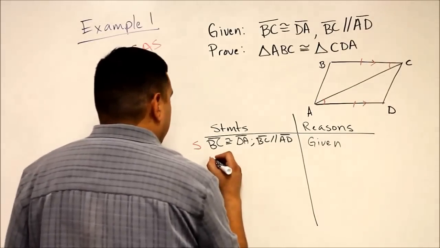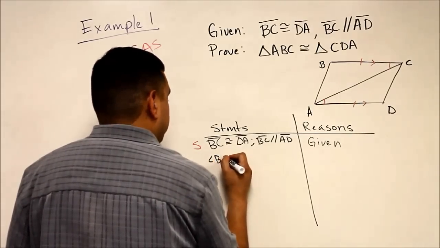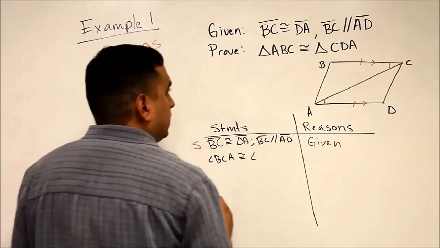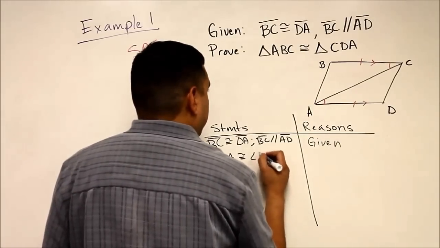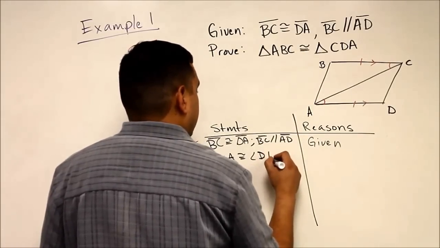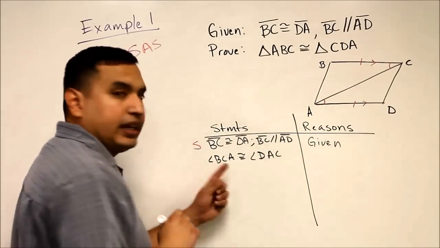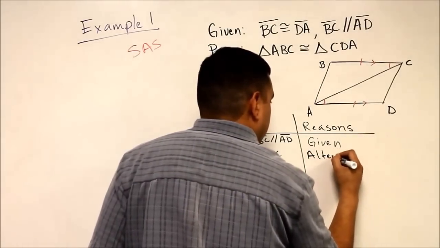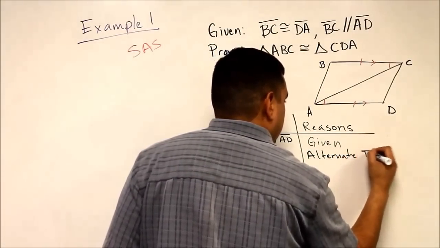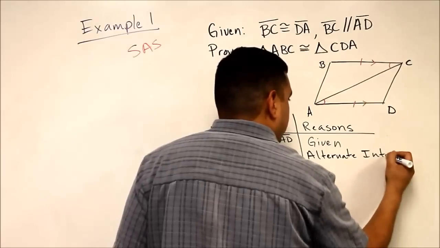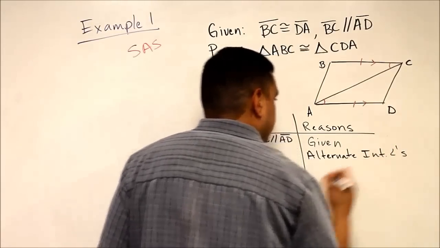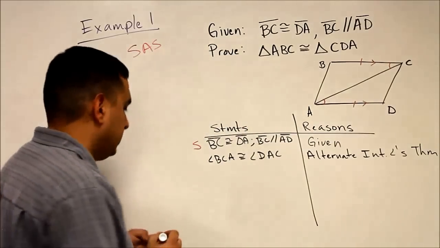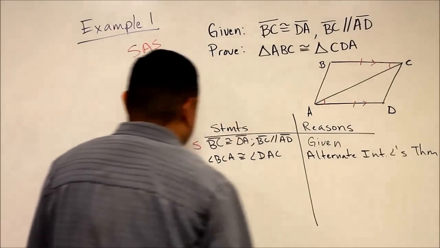We have to call this out: angle BCA is congruent to angle DAC. The reason I can say that is the alternate interior angles theorem. So there's my A.